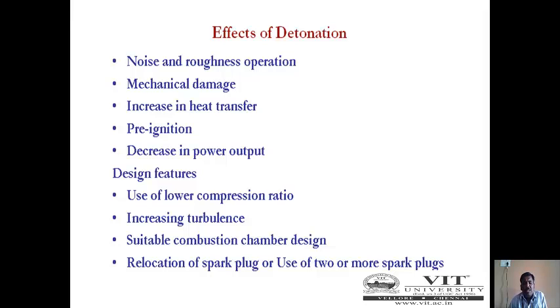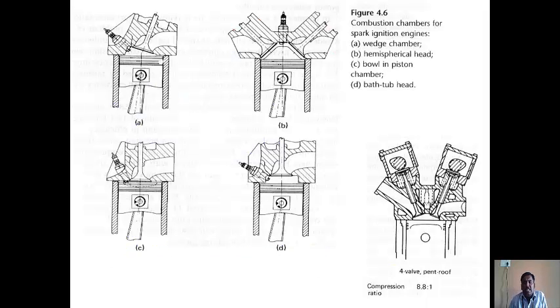The third parameter is suitable combustion chamber design. The combustion chamber must be designed with a proper size and shape, because the flame travel distance fully depends upon the design of the combustion chamber. The last parameter is the location of the spark plug, or the use of two or more spark plugs. In some engines they are using more than one spark plug, so the location of the spark plug plays a major role in SI engine.